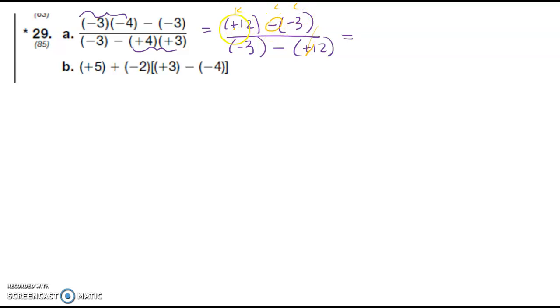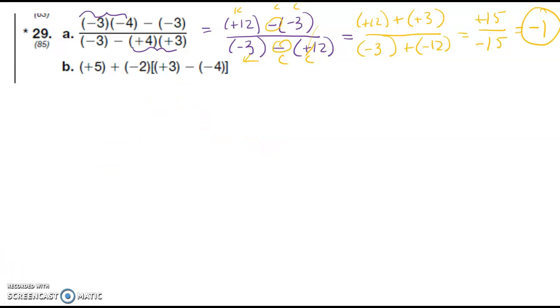So this is going to be plus 12 plus 3. The bottom is the same way. I'm going to keep change since it's subtraction. That means it's minus 3 plus negative 12. So I end up with positive 15 over negative 15, which is negative 1.